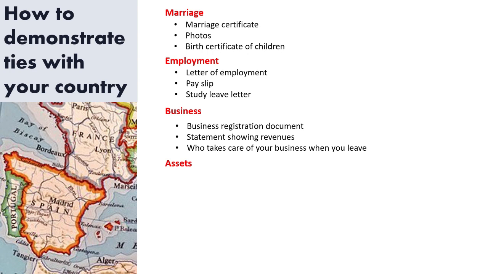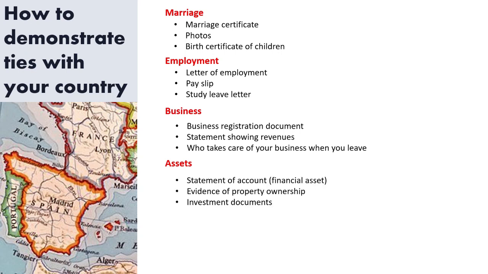Let's talk about assets. Assets are also a big way to demonstrate ties to your country. If you have financial assets, you want to go with your statement of account showing this asset in your account, and evidence of property ownership, maybe real estate.